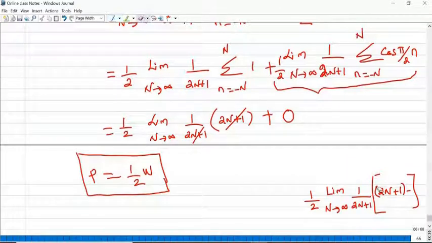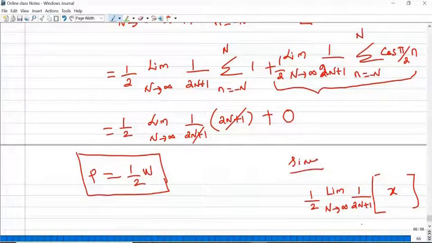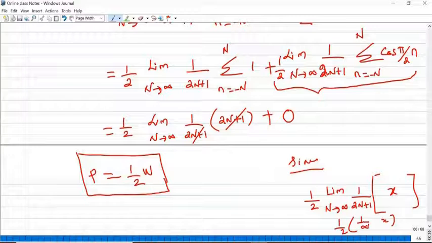You will get some value, but anyway, 2n plus 1 you won't get. If you won't get this 2n plus 1, this denominator 2n plus 1 won't cancel. Then obviously in the last step, whatever it may be, we have to substitute n tends to infinity. So n tends to infinity, 1 by 2, 1 by infinity into x. 1 by infinity is 0. So that 0 you can substitute directly without solving this particular step.